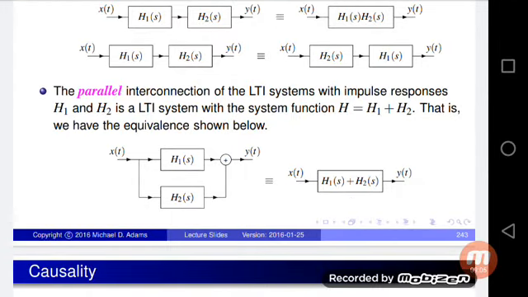When we apply the input in parallel to H1 and H2, on the output side we get H1 plus H2. So these are the two different series and parallel conditions and equations. This indicates that we can simplify problems further.